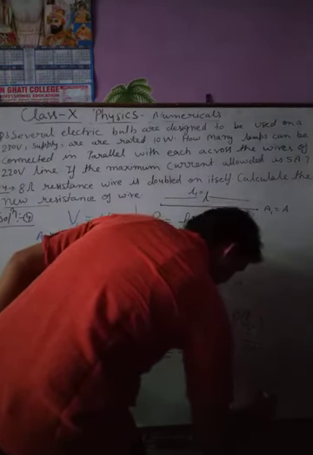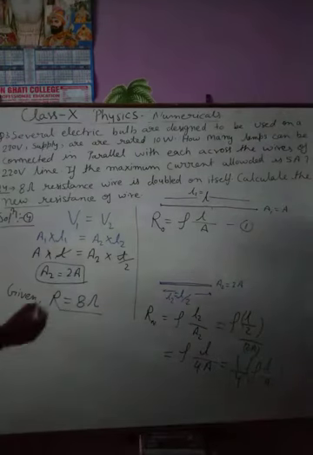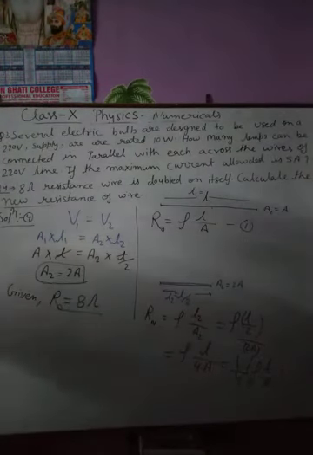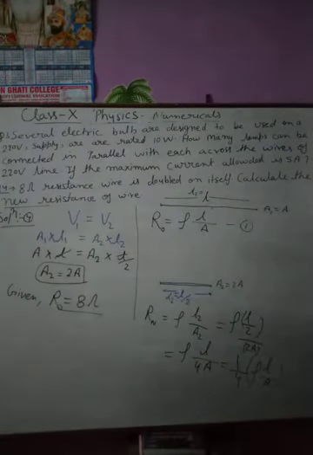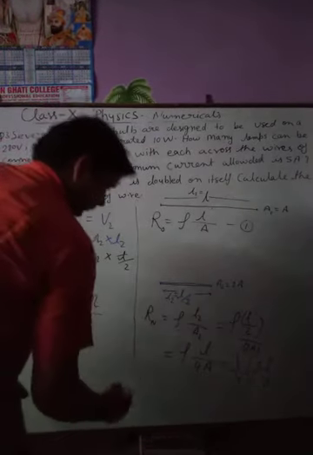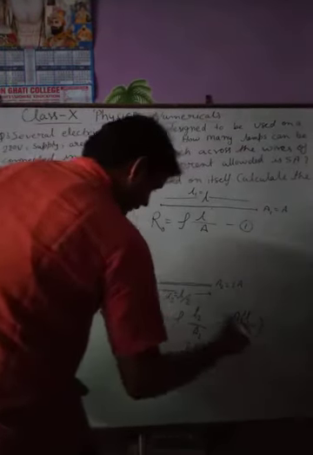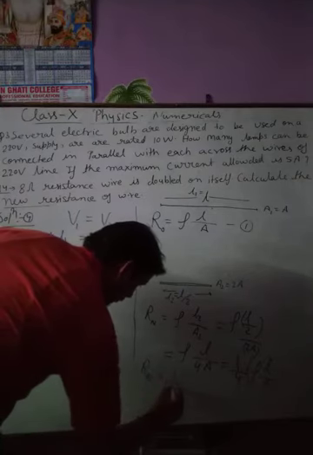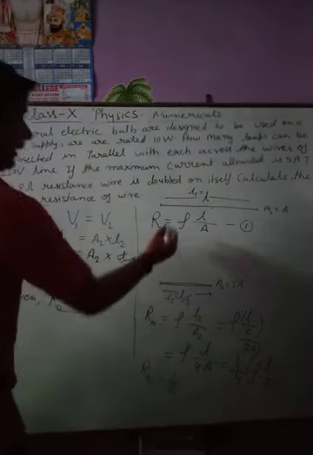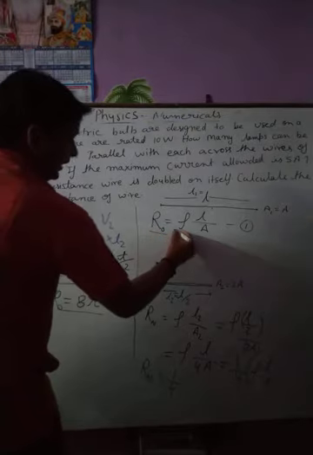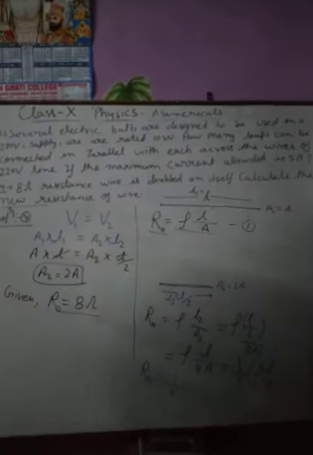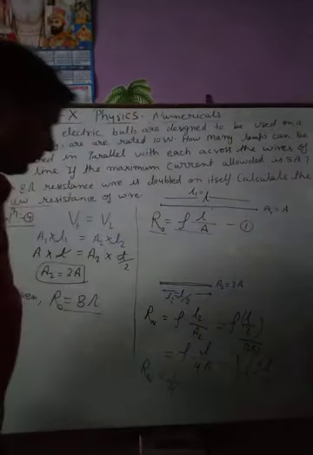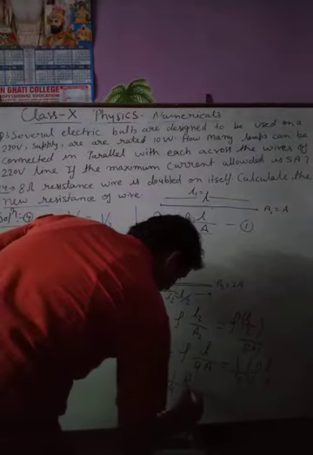Okay student, this is R original. Now R new is equal to 1/4, and the value of original R is rho into L upon A, that is R original.